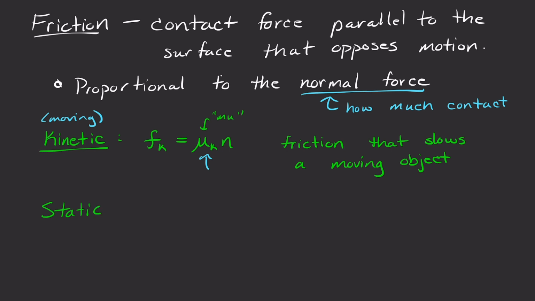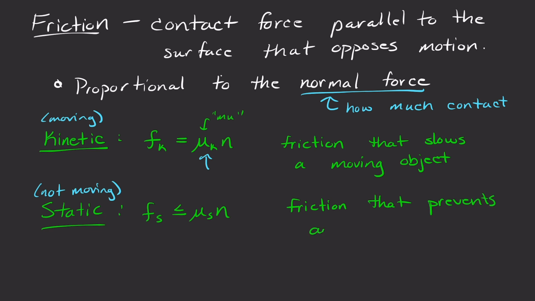The other type of friction is static friction. When you see static, you should think not moving. We give that a subscript s, and it is less than or equal to its own coefficient times the normal force. This is friction that prevents an object, or tries to prevent an object, from moving in the first place, from rest.